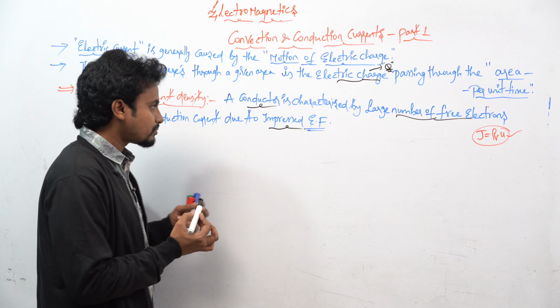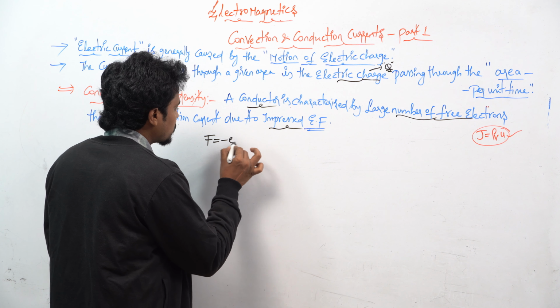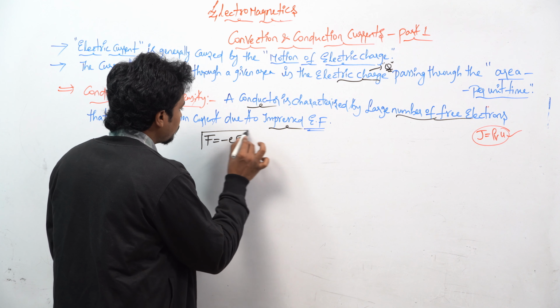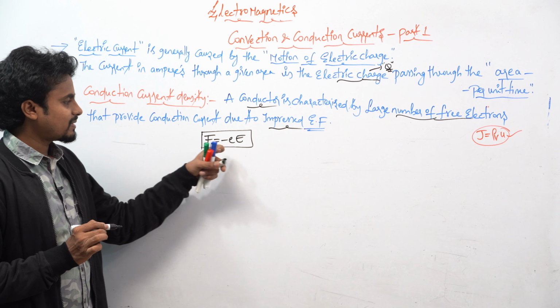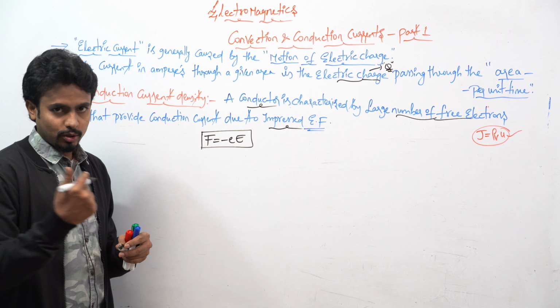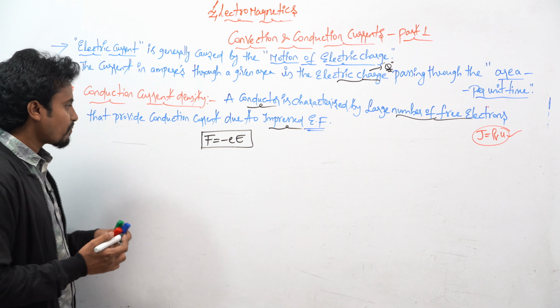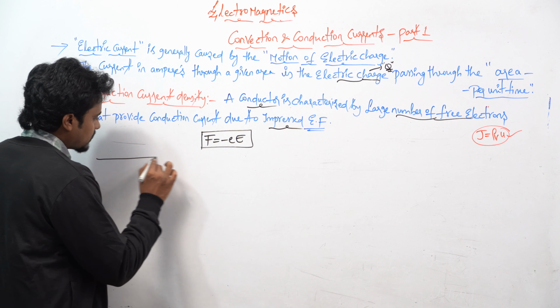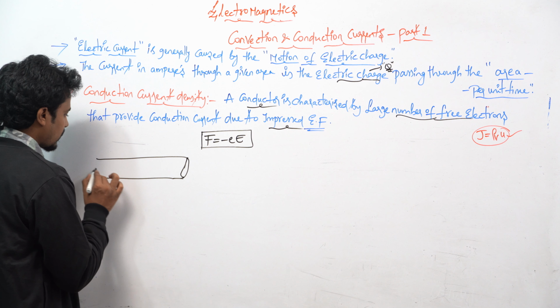Here you can see, the force will be minus small e into capital E, as you already know. The minus symbol represents the electron direction, and capital E represents the electric field. Suppose this is my conductor.